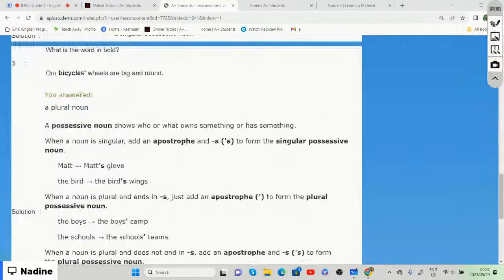Our bicycles' wheels are big and round. Our already gives us the idea that it is more than one. So our bicycles' wheels are big and round.